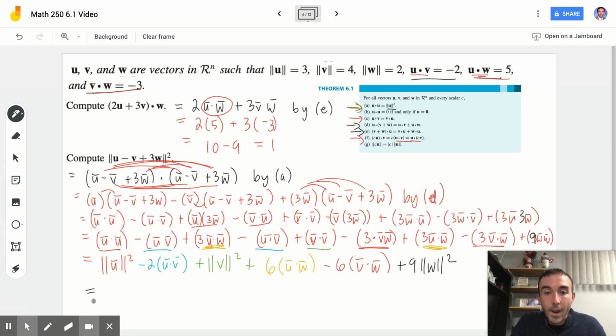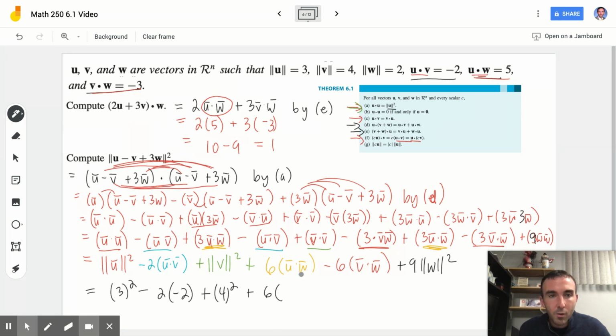All right, and then now, out of breath. So now the final step, we want to just replace our values that we were given. The norm of U is equal to 3. The dot product of U and V is negative 2. The norm of V is equal to 4.